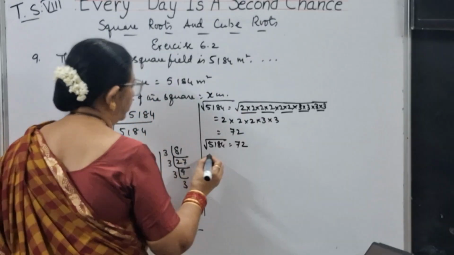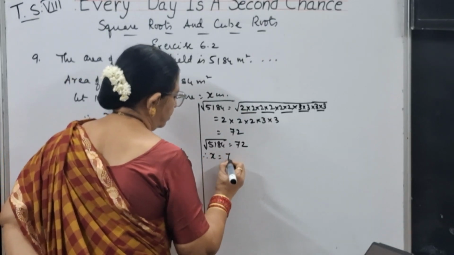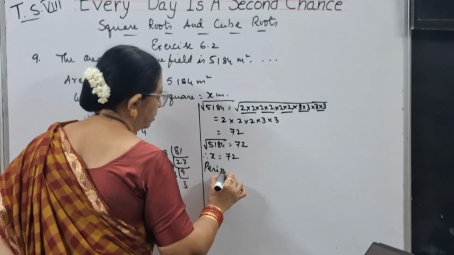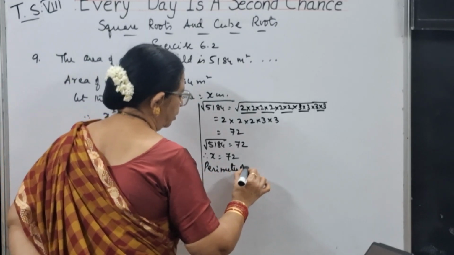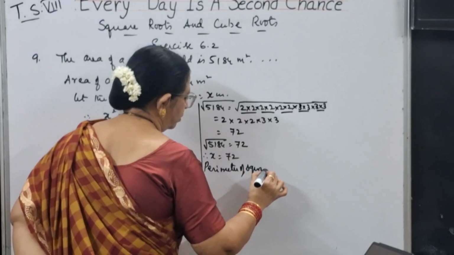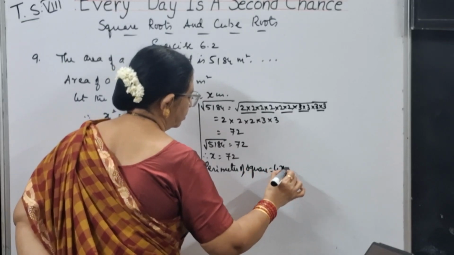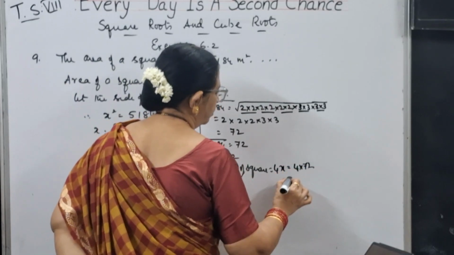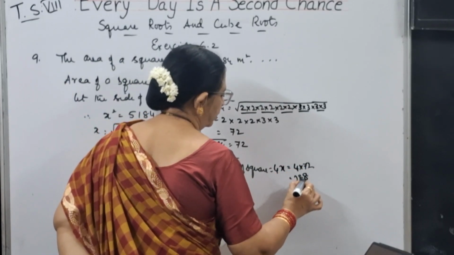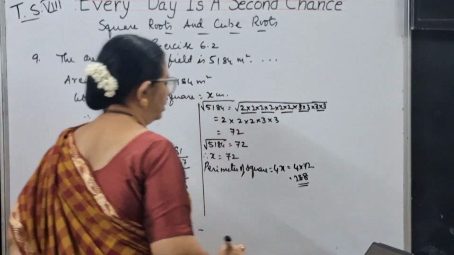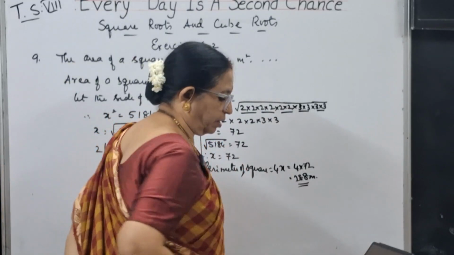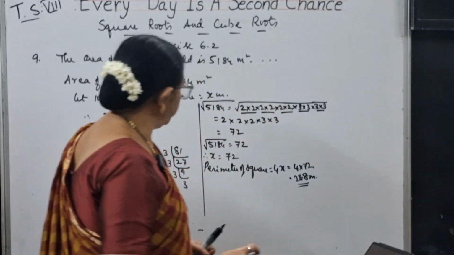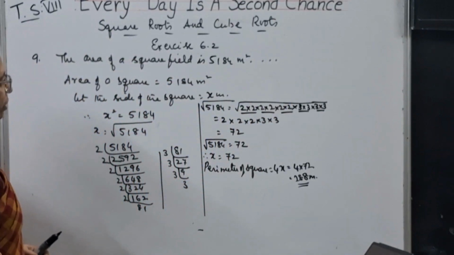So what is root 5184? x. x is equal to 72. When you have got x, what is the perimeter? Perimeter of a square is 4x. That is equal to 4 into 72. 4 2s are 8, 4 7s are 28. 288 meters is the perimeter of this square, children.